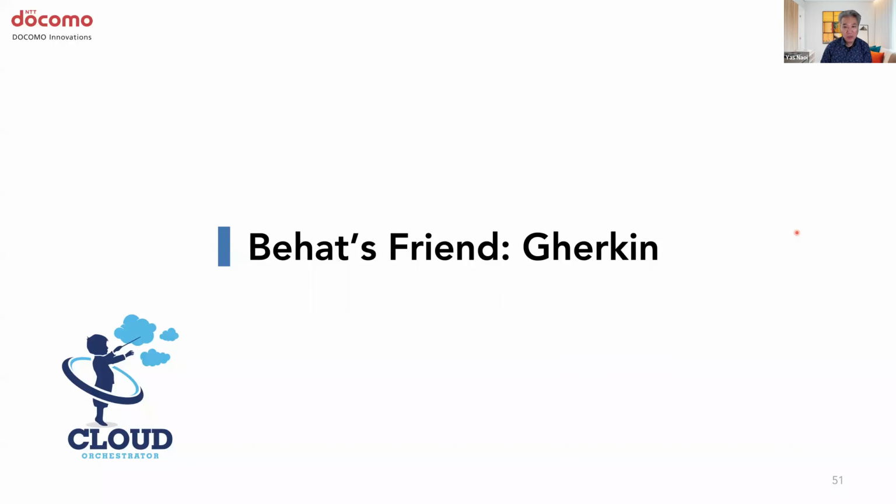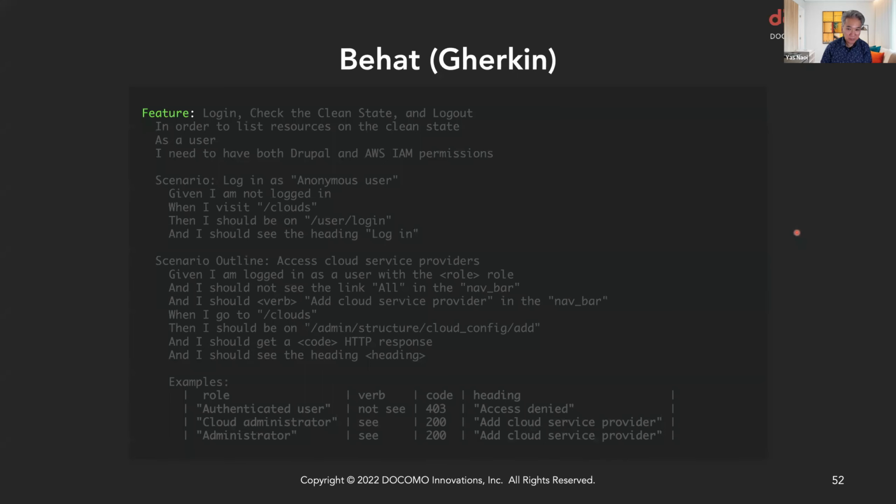So how can we write the Behat BDD test scenario? Let me move on to Gherkin syntax. Gherkin is widely used in a variety of programming languages other than Behat in PHP, like Python, Ruby, or Java in BDD.